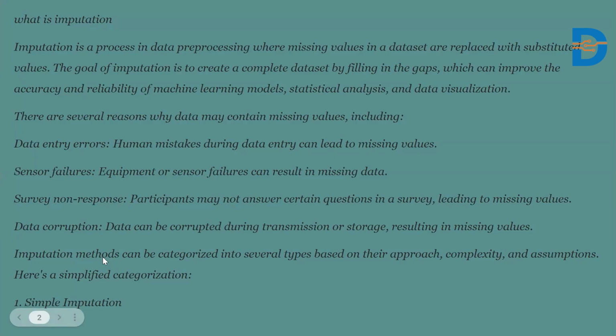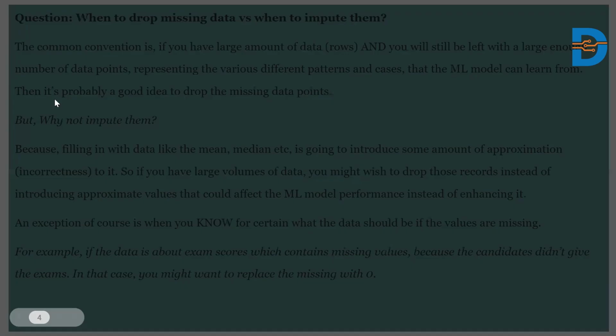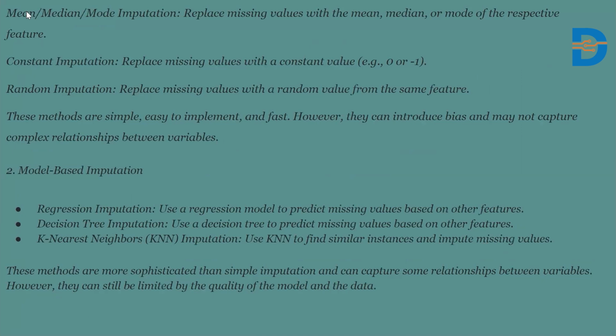In imputation, the first method we have is simple imputation. Simple imputation includes replacing the null or blank value with mean, median, or mode. And you have constant imputation and random imputation. Constant imputation: one example we have seen is the exam where a few students were absent, and we gave them a constant value, 0.